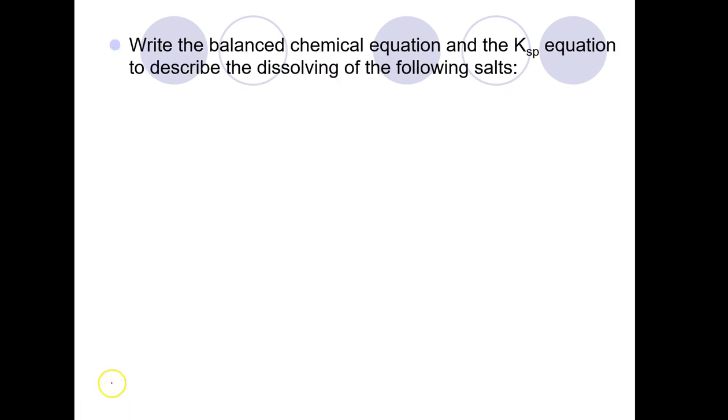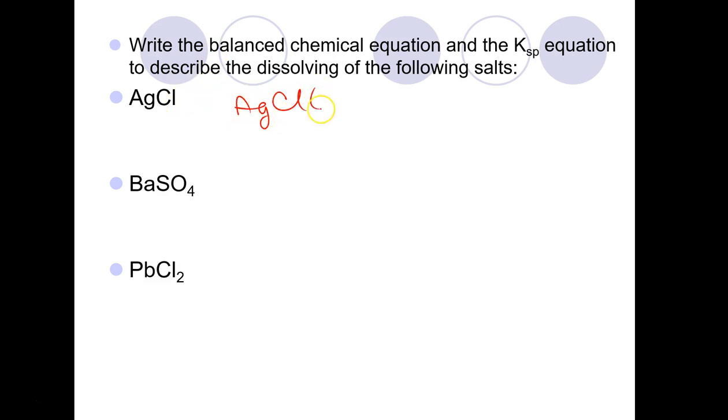First of all, we're going to write the balanced chemical equation and the KSP to describe the dissolving of the following salts. All you do is write AgCl, and I usually write an (s) just to remind me that it's a solid. Break it apart into the ions of which it is made. That means silver with a positive charge and chloride with a negative charge.